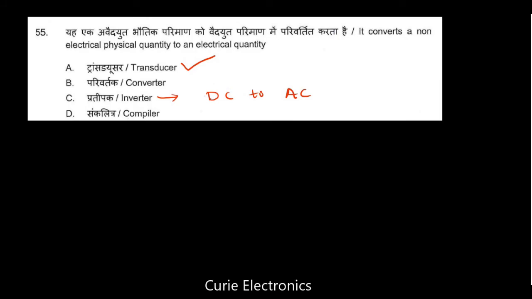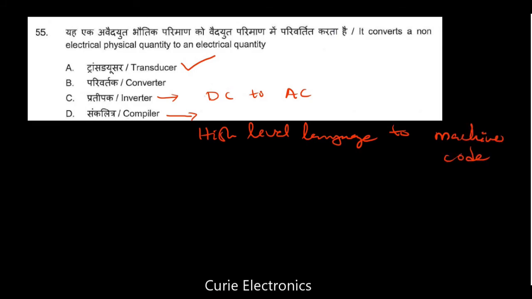Logic inverter is also there. Compiler means whatever code we write in C language, we have to compile it using a compiler into machine code. That's a compiler, high level language to machine code.